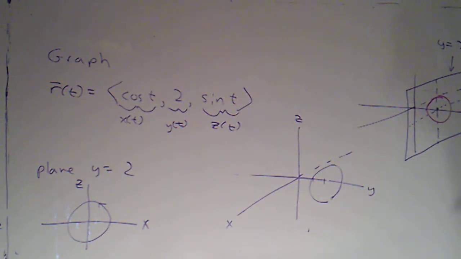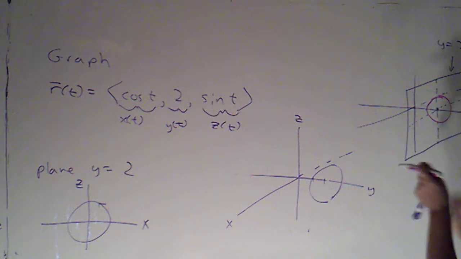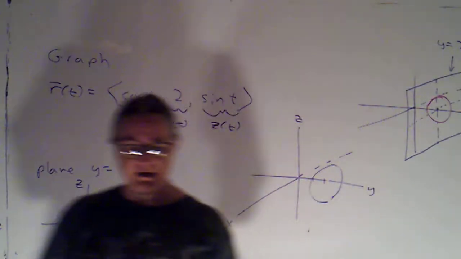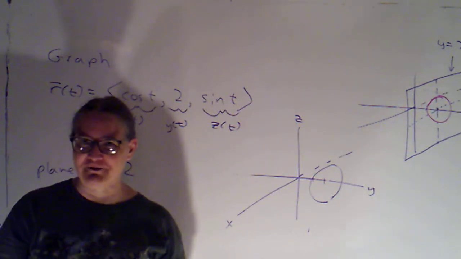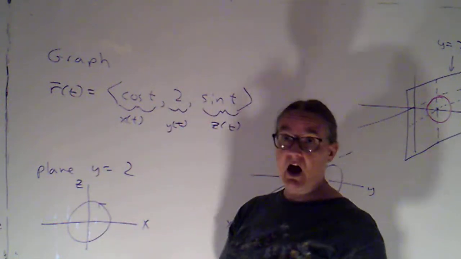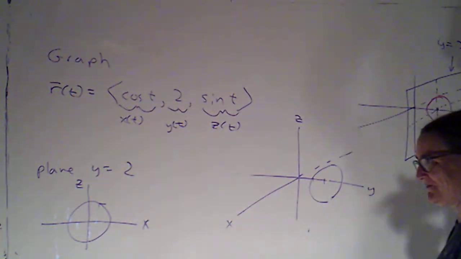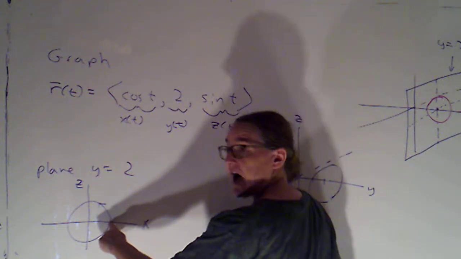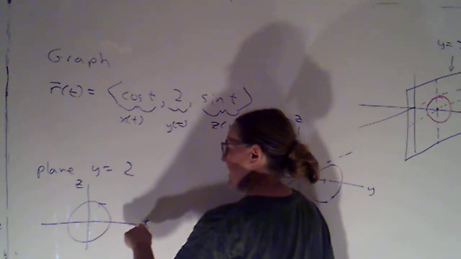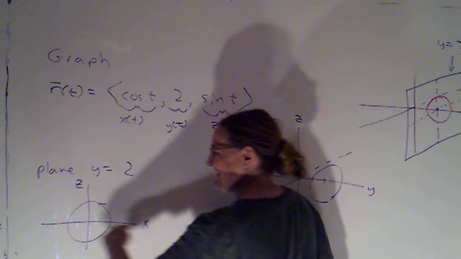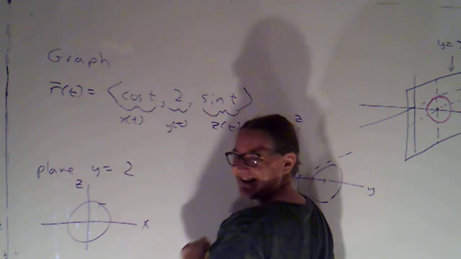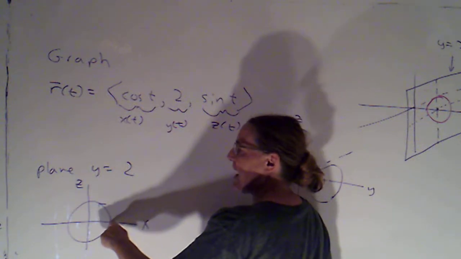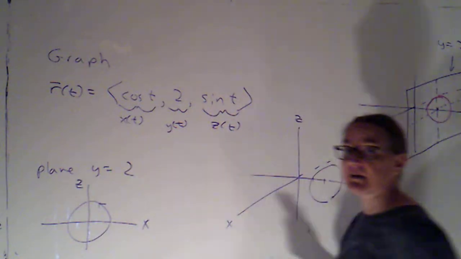Okay. All right, now that picture gets a little bit busy. I almost like this one a little bit more, but I could sort of tweak things and decide what I liked the best. Now let's include the orientation. I have to be very, very careful because we said it looked like it was counterclockwise here, but what does that actually mean? Well, that means that if I start on the positive axis that's parallel to the x-axis, this isn't actually the x-axis because it's the line in the plane y equals 2 parallel to the x-axis. If I start where x is positive, I'm moving to where z is positive.